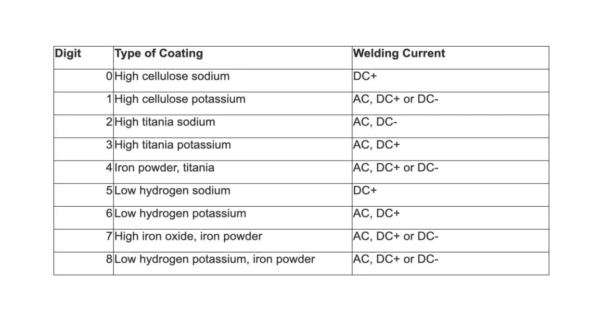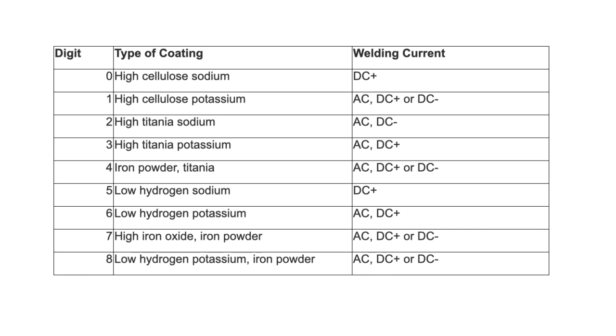The first two, 0 and 1, represent cellulose electrodes. 0 represents cellulose with sodium silicate as the binder, whereas 1 denotes cellulose electrode with potassium as binder. 2 and 3 represent rutile electrodes.